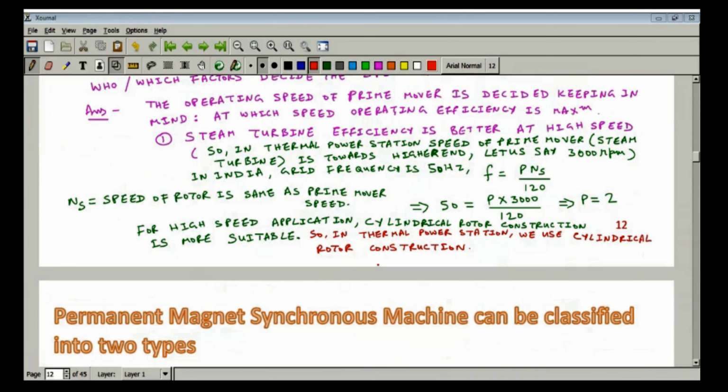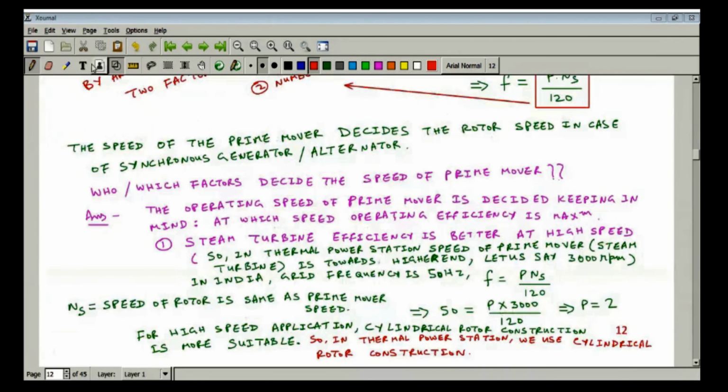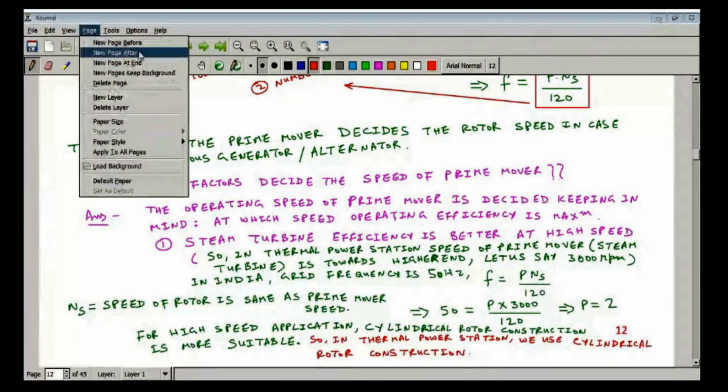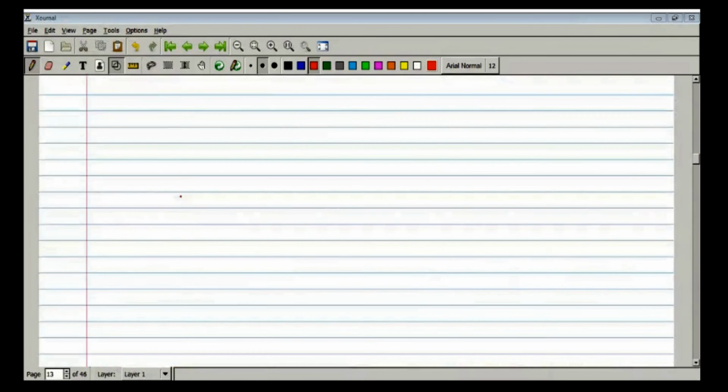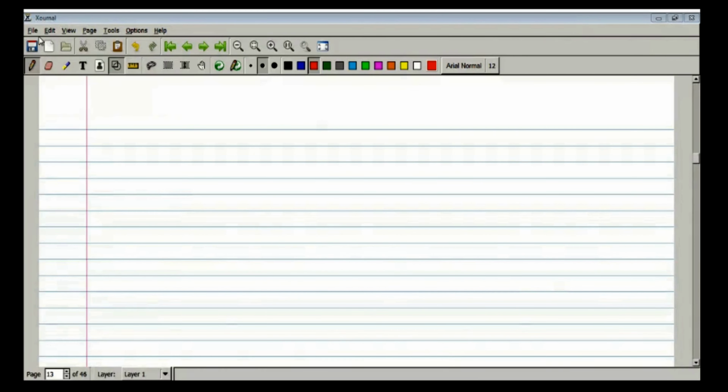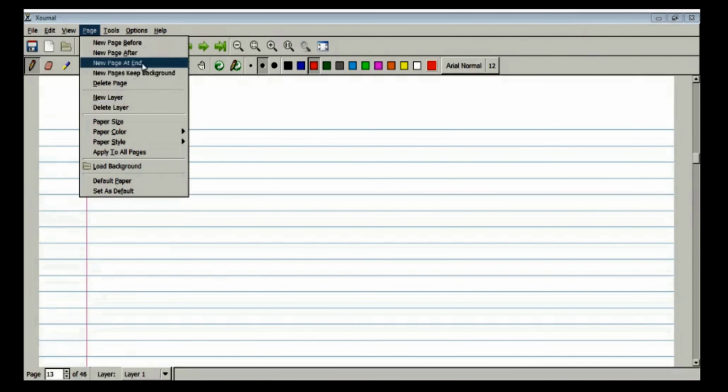Now in hydroelectric power plant, what happens? Let me mention it here.